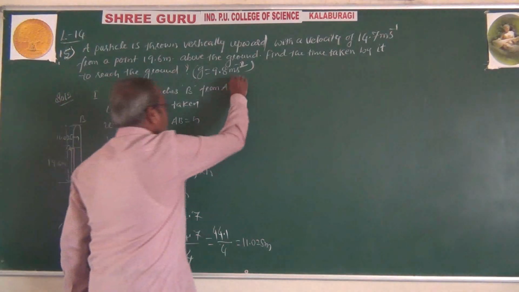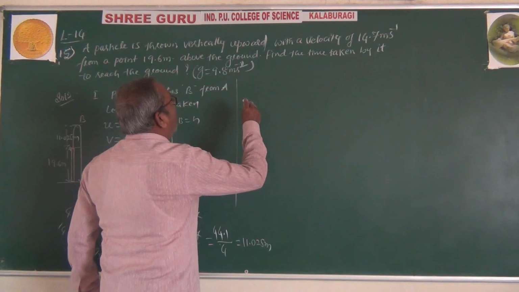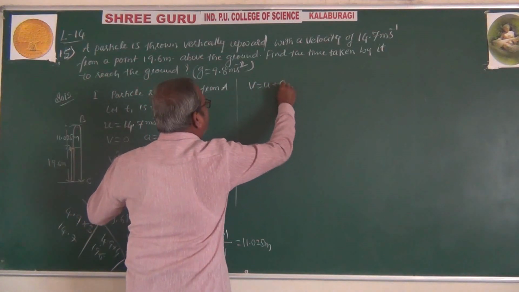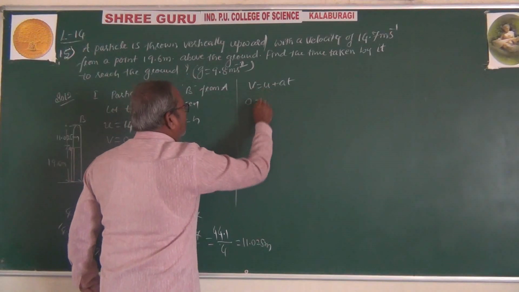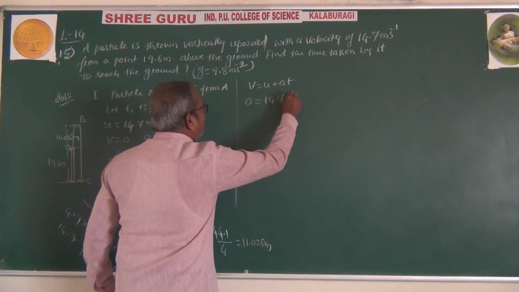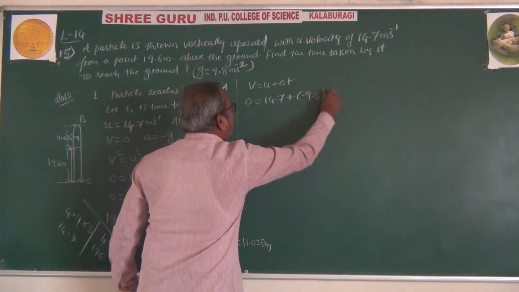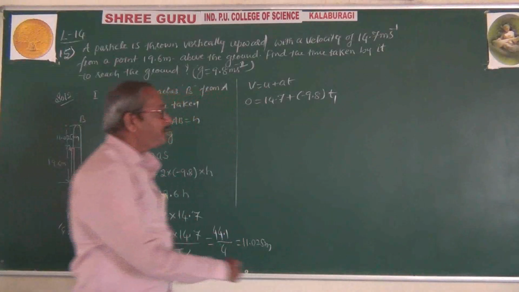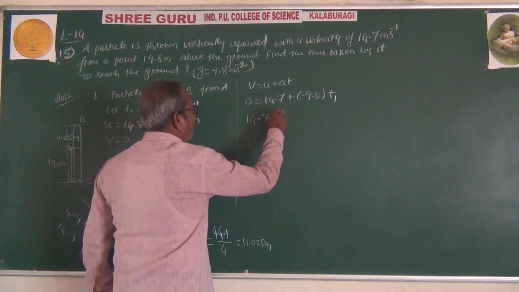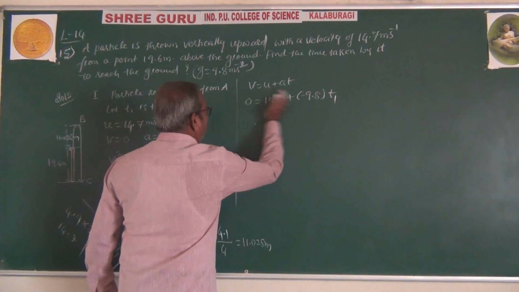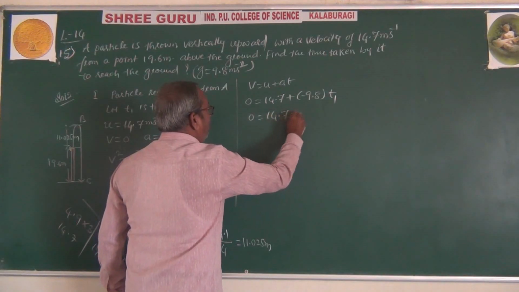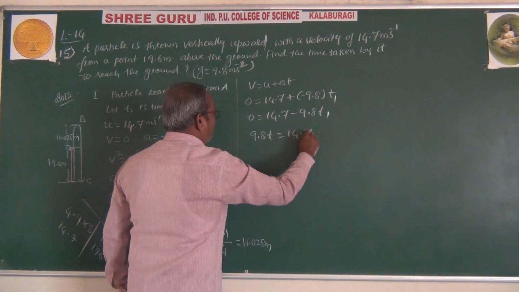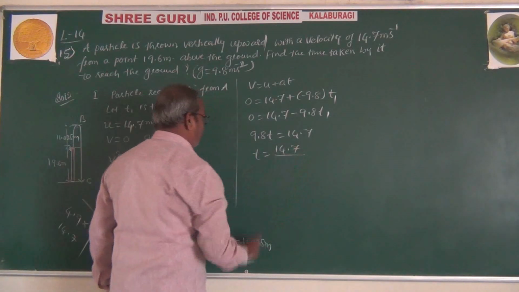So now you can use s equal to ut plus half at square, or otherwise v equal to u plus at, which is also useful. v is 0, u is 14.7, a is minus 9.8, and t is T1. So 0 equal to 14.7 minus 9.8 into t, so 9.8 into T1 equals 14.7. T1 equals 14.7 divided by 9.8.